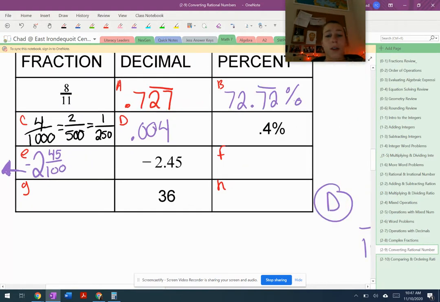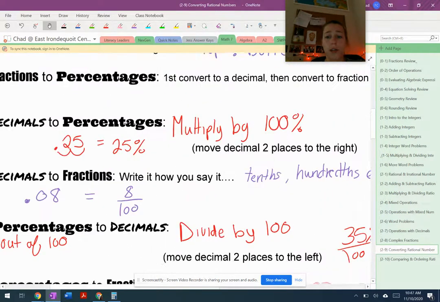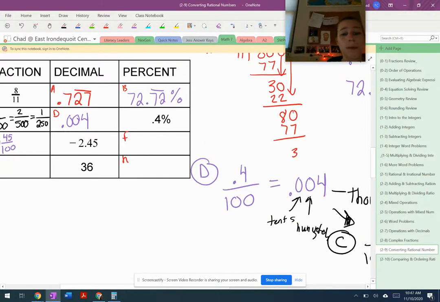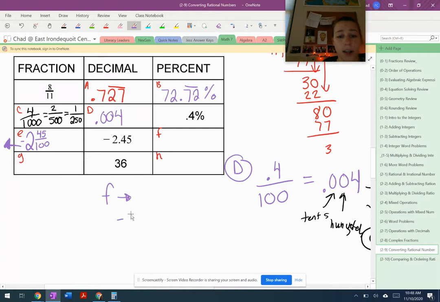All right, so then we've got to go to the percent. A decimal to a percentage, we just want to multiply by 100, or move that decimal 2 places to the right. So to get F, I'm looking at -2.45 times 100. I said that wrong.